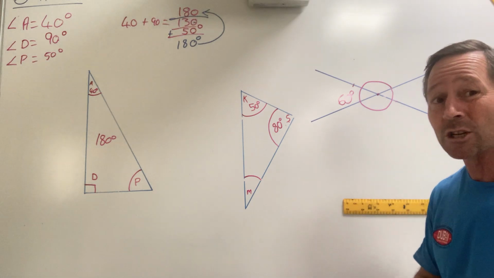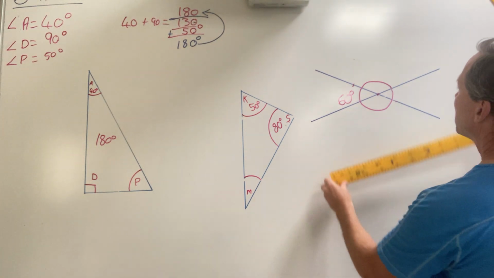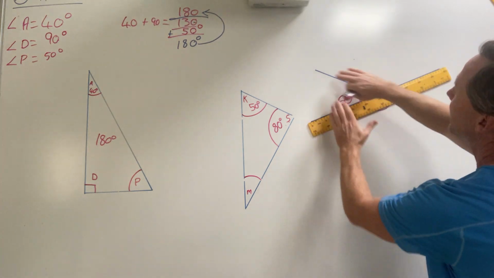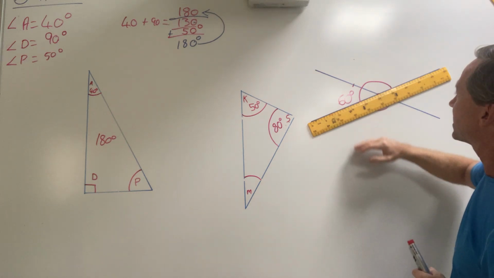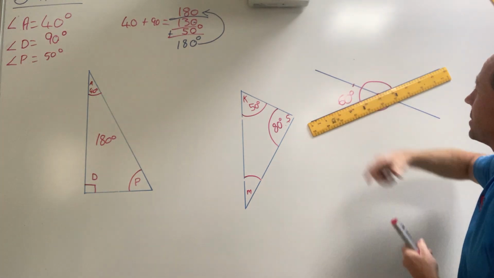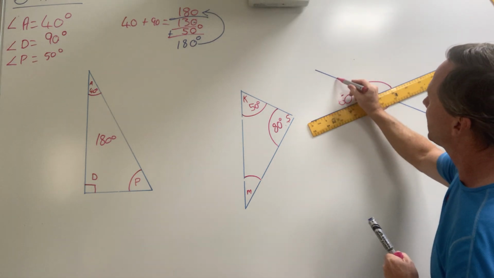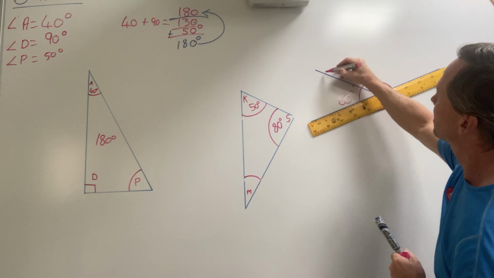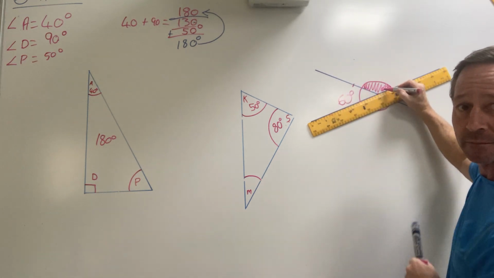And remember, angles on a straight line add up to 180. So if I just put this ruler here, forget this blue line going through it. If we come back to the stage here, this one here is saying 60 degrees. So I want to know what this angle would be.